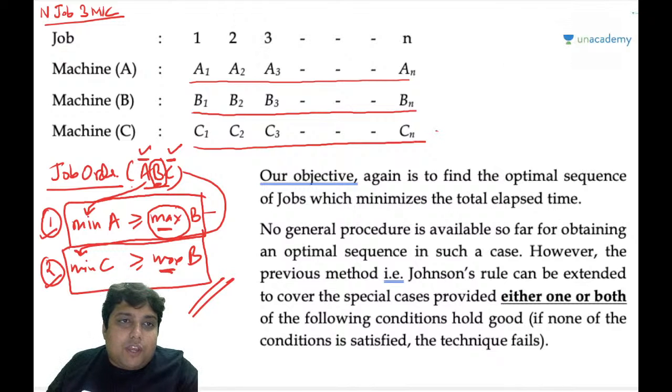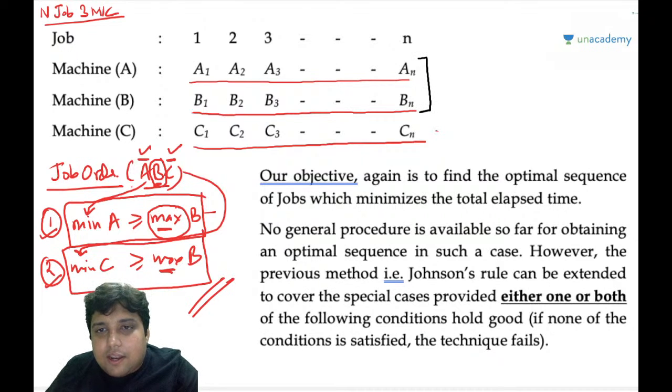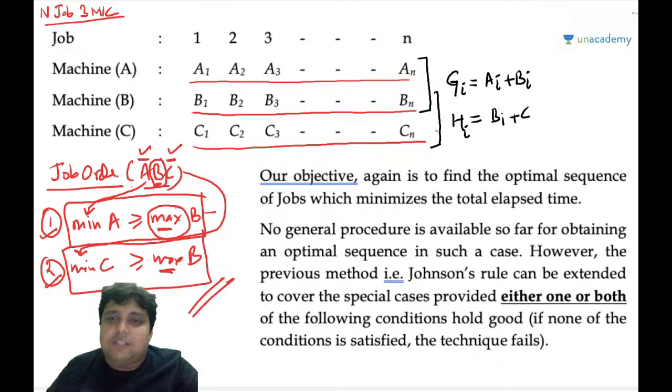What we will be doing, I will be adding these two values to create a machine G, then these two values to create a machine H. So basically Gi will be Ai plus Bi and Hi will be Bi plus Ci.